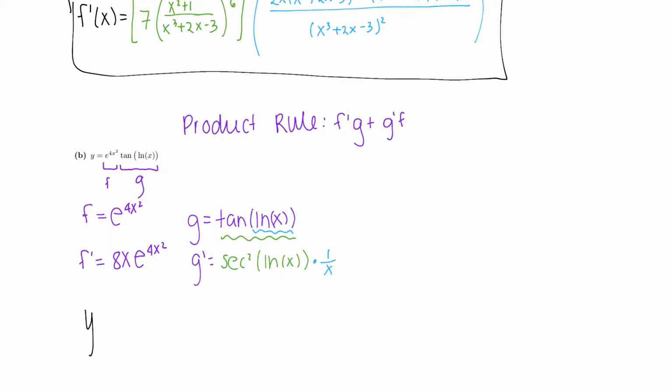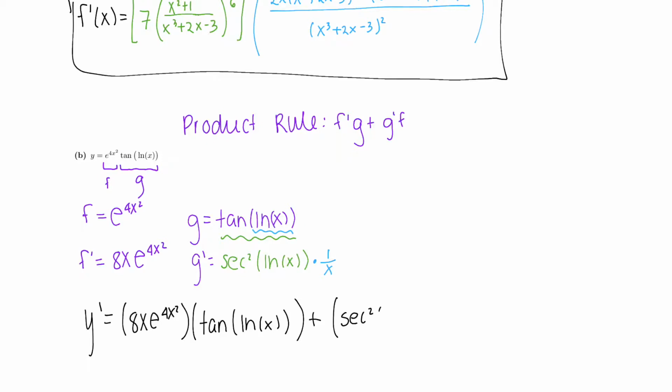So our derivative of y: f prime, so 8x e to the 4x squared, times g, which is tangent of ln x, plus g prime, secant squared ln x, times 1 over x, times f, e to the 4x squared.